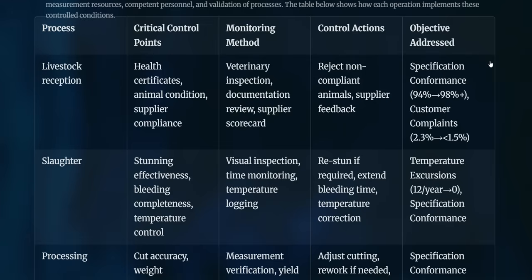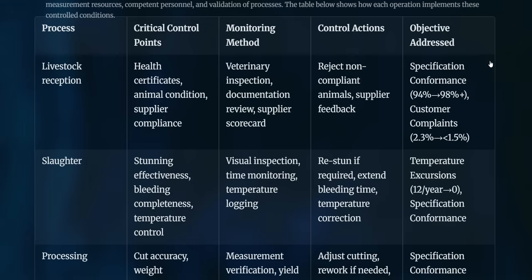The control actions required for slaughter processes include re-stun if required, extend bleeding time if required, and temperature correction. The objective we are addressing with this process and controls includes temperature excursion. Currently, our organization is having 12 issues per year, and we want to eliminate it to zero. And also the specification conformance is addressed through this process.